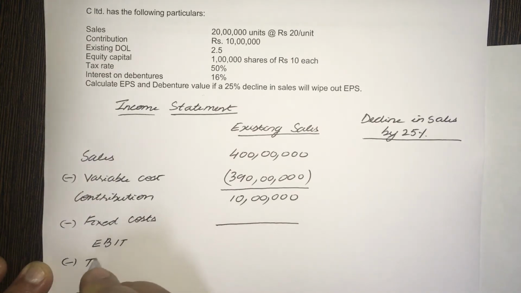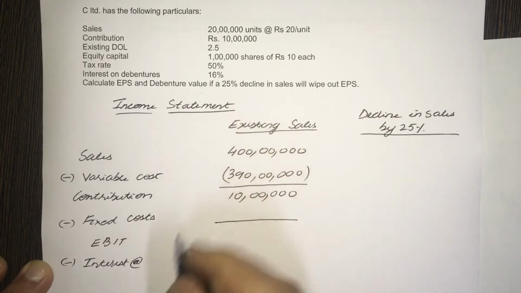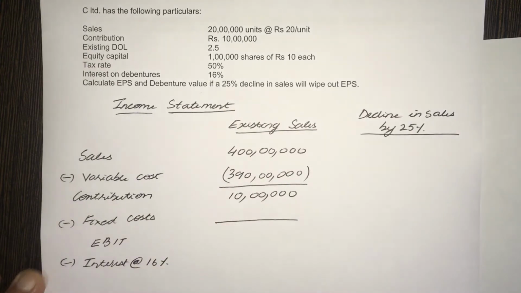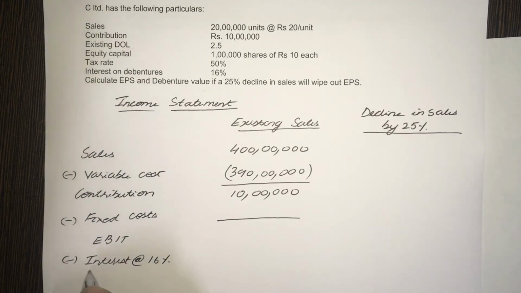Then minus interest at 16%. EBIT minus interest is earnings before taxes. Then minus tax at 50%. We have to find out all these values.